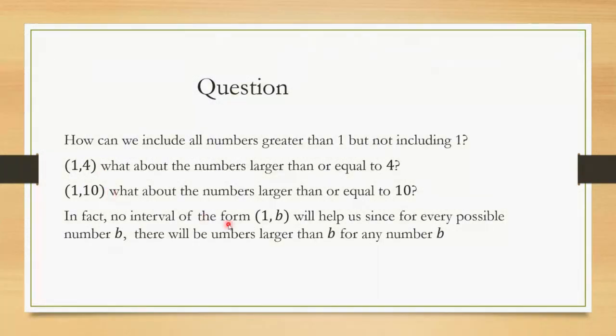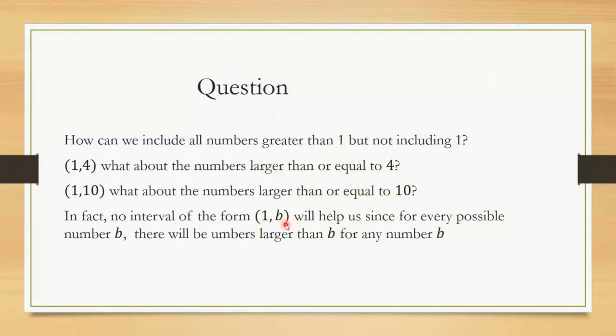Well, we need something that we haven't seen before, right? No interval of this form will help us where B is any number, because there's always numbers greater than B and B itself that we'll miss in the interval. That will not be in the interval.